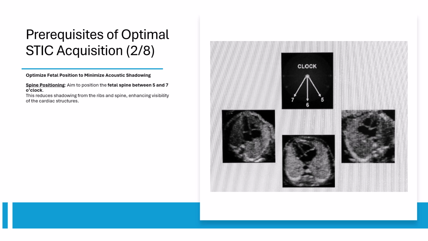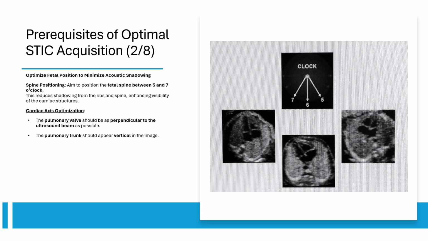This orientation helps reduce shadowing caused by ribs and the spine, improving visibility of critical cardiac structures. For cardiac access optimization, the pulmonary valve should be as perpendicular as possible to the ultrasound beam, and the pulmonary trunk should appear vertical within the image.